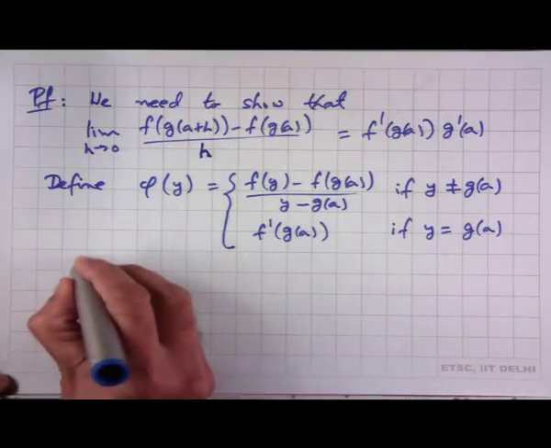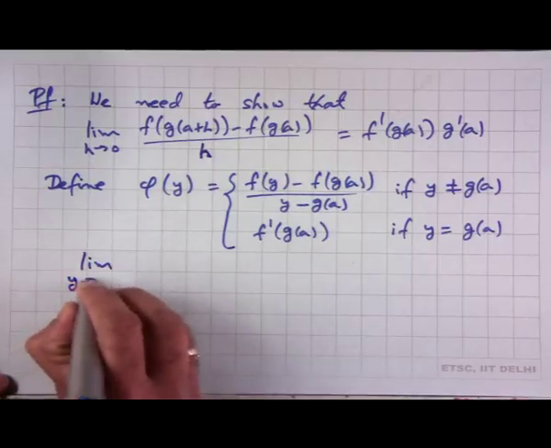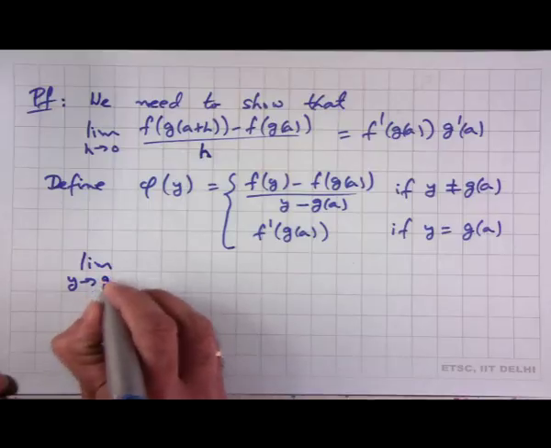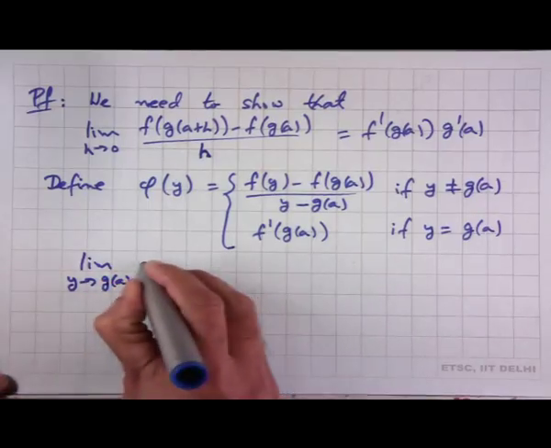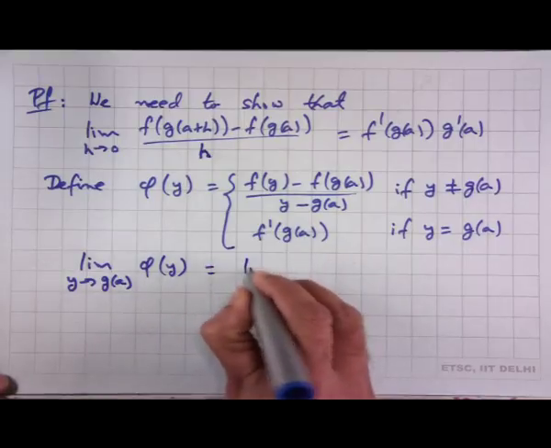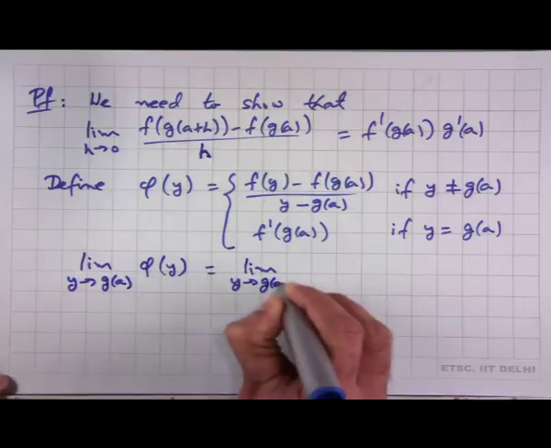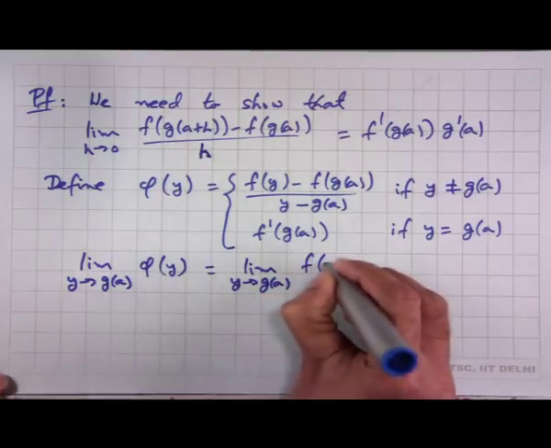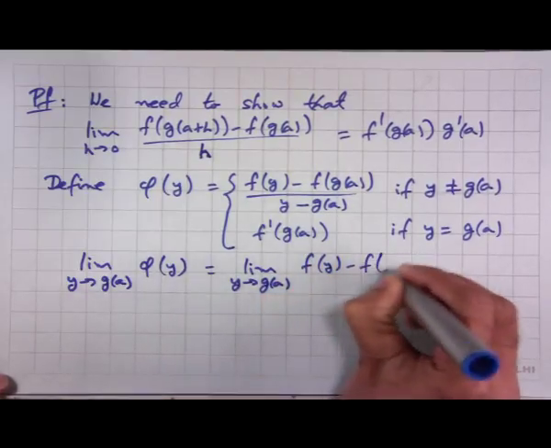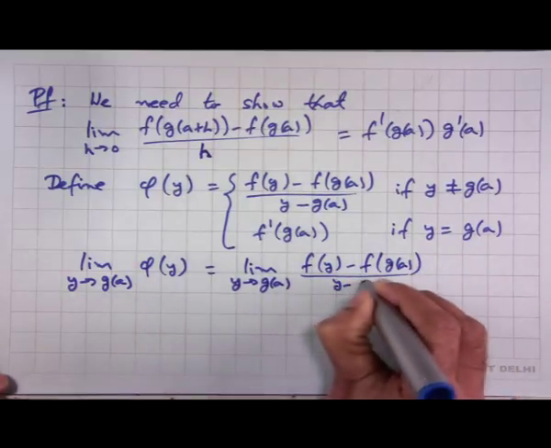So, if we look at the limit of y going to g(a) of phi of y, this is equal to the limit of y going to g(a) of [f(y) - f(g(a))] by [y - g(a)].